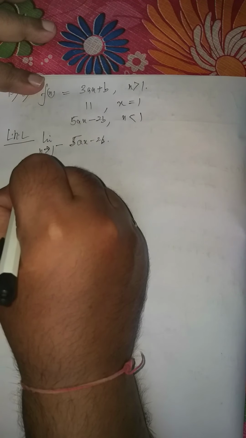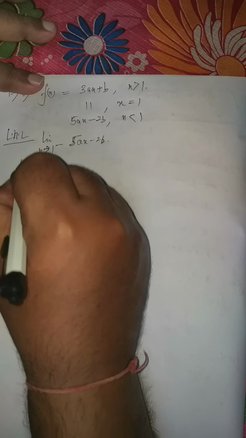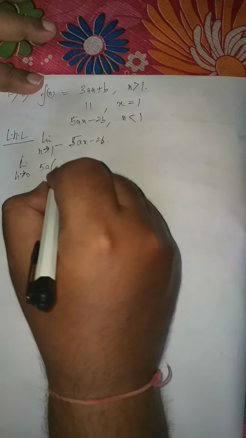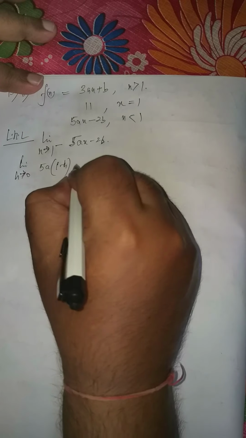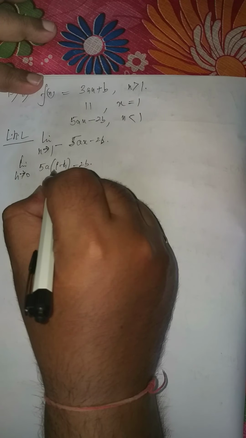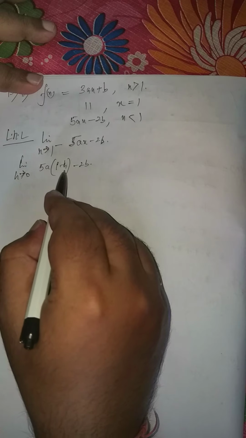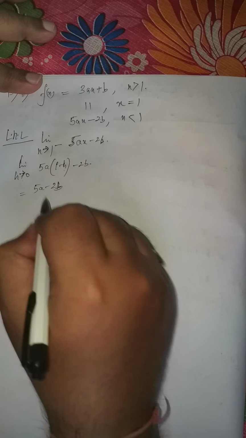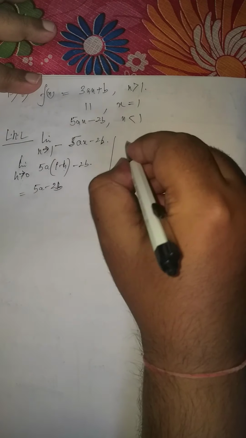Again 1 minus, replace x by 1 minus h, limit h tends to 0 of 5a(1 minus h) minus 2b. Substitute the limit, 1 minus 0, 1. The result is 5a minus 2b.